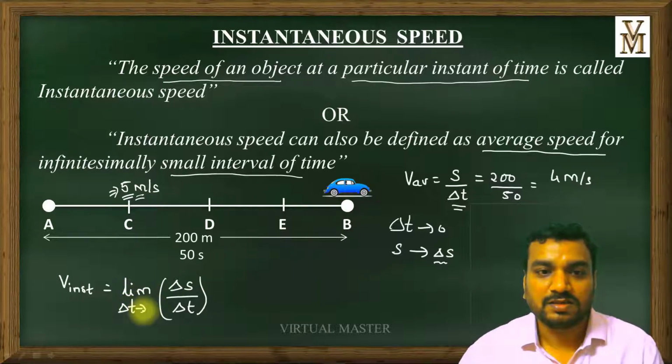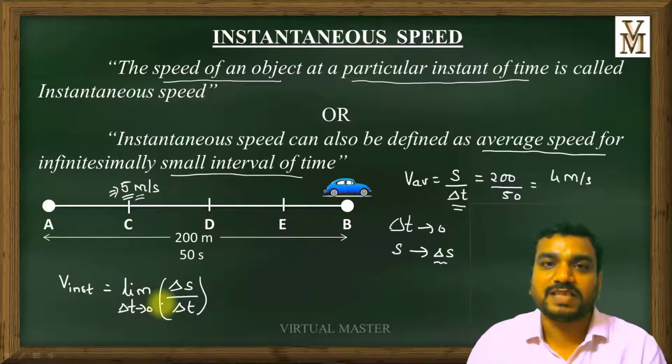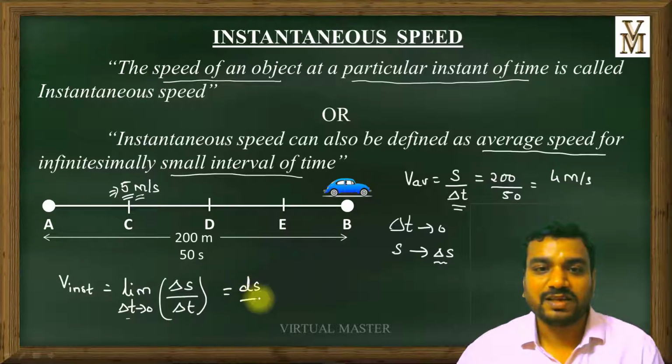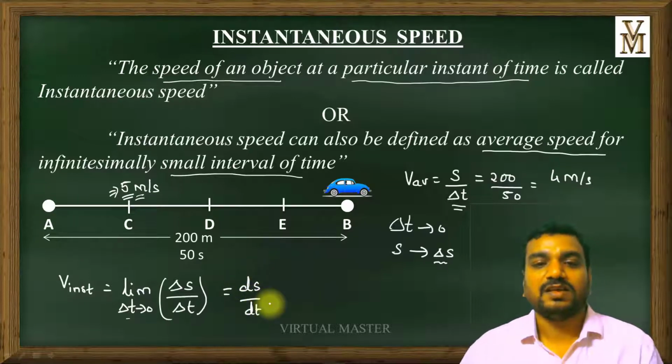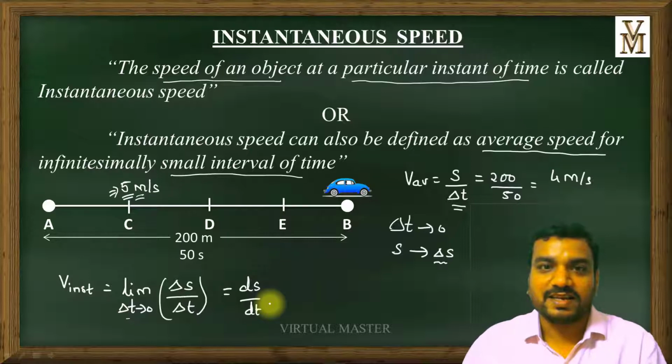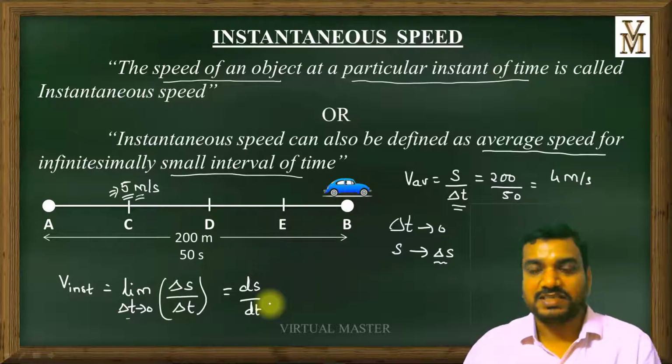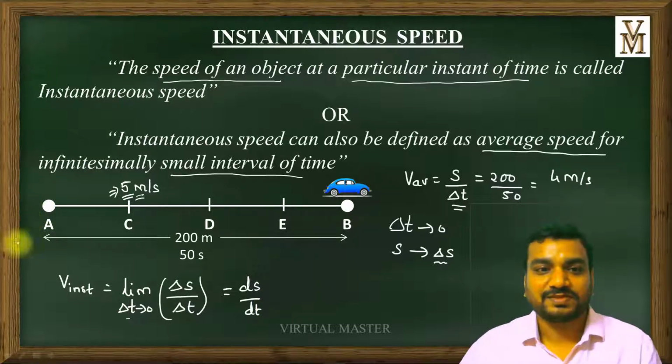Okay, as we are applying the limits as delta T tends to 0, in calculus, the limit of delta S divided by delta T as delta T tends to 0 can be written as ds by dt. Okay, this is the formula for instantaneous speed of an object. I hope everyone has understood instantaneous speed of the object, and you can easily recognize the difference between instantaneous speed and average speed.